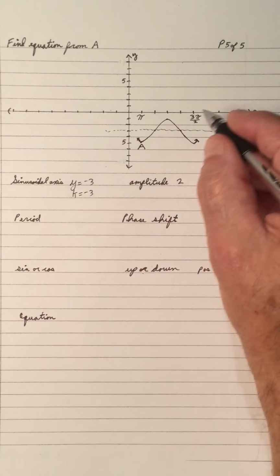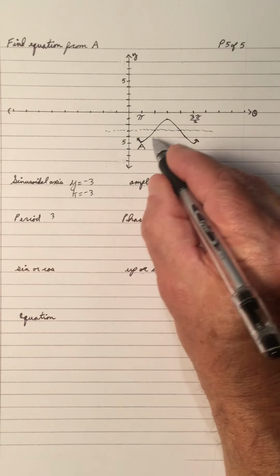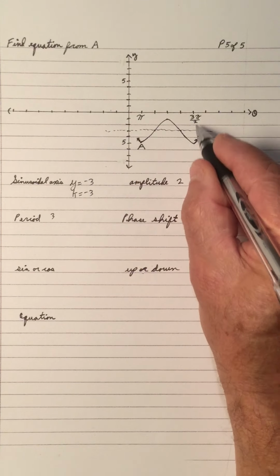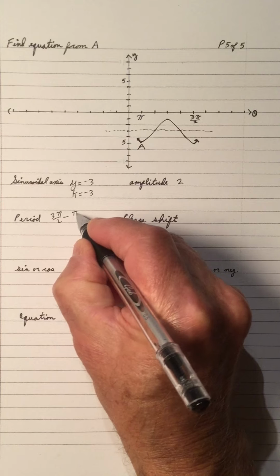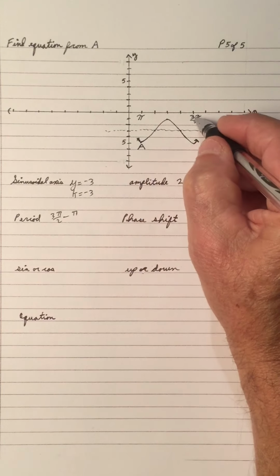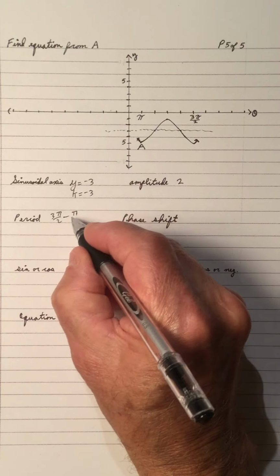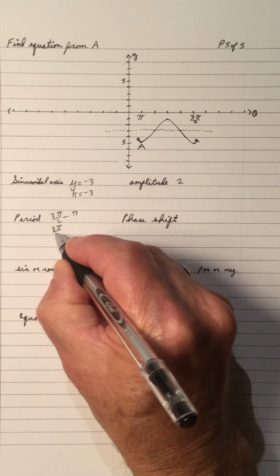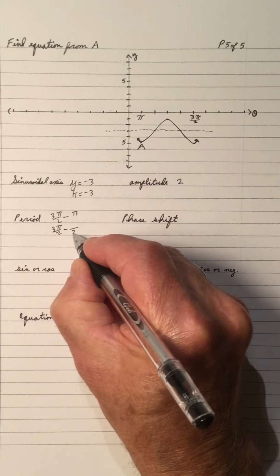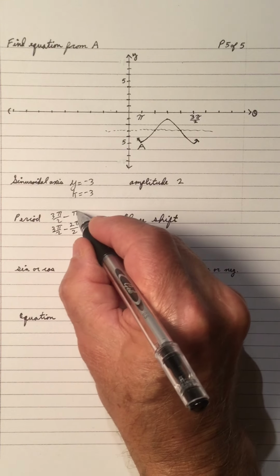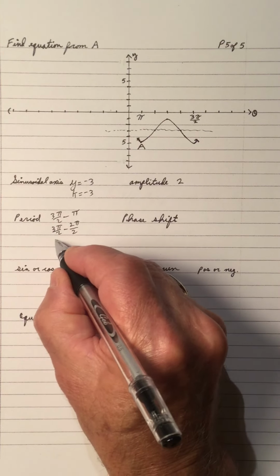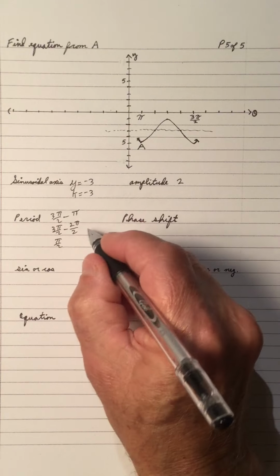And the period goes from minimum to minimum. So it's 3 pi over 2, subtract pi. 3 pi over 2 subtract pi, and that's 3 pi over 2. Common denominator is 2, so we get 2 pi over 2, same as pi. And that subtract gives me pi over 2 is the period.